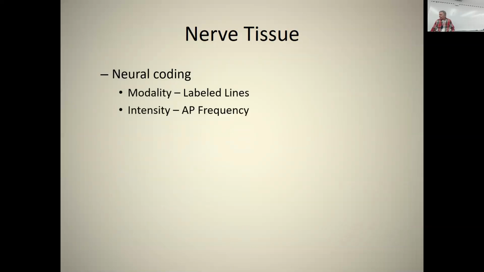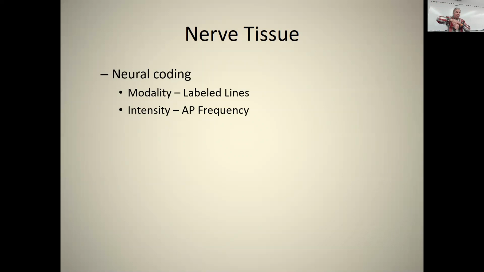Neural coding. Okay. And this is something called modality. What kind of inputs are coming into your body? And we're going to talk more about this when we get to the senses. You have all this information coming in. You have your senses.